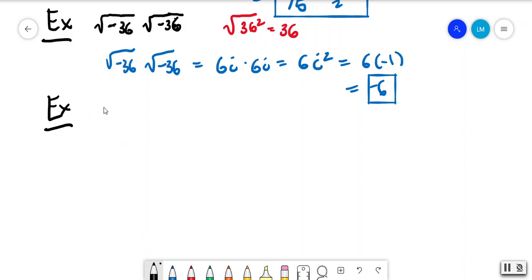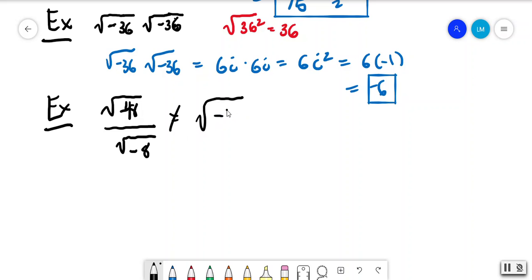Now, let's say you had the square root of negative 48 divided by the square root of negative 8. By definition, you cannot technically say that that's the square root of negative 48 divided by negative 8, and then just say, oh, that's just the square root of 6. That's not true.